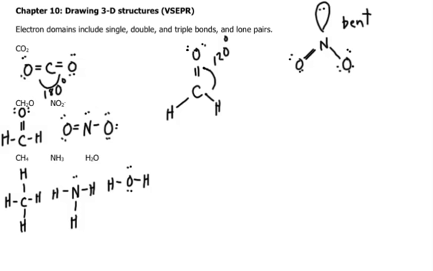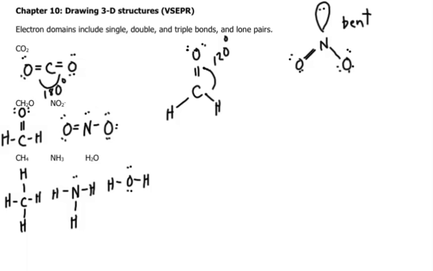All right, so there's a difference between electron geometry and molecular geometry. For the CH2O, the electron geometry is trigonal planar, and the molecular geometry is also trigonal planar because the atoms also lie in a triangular shape, and they're all in the same plane.